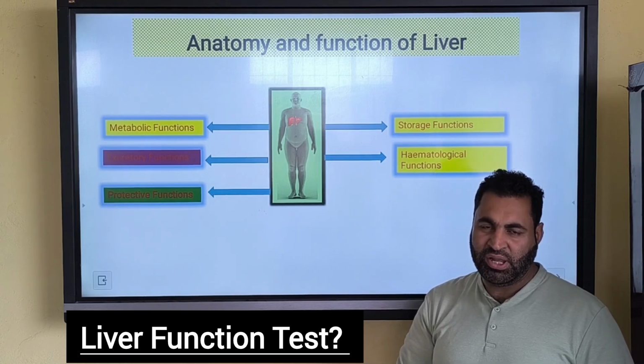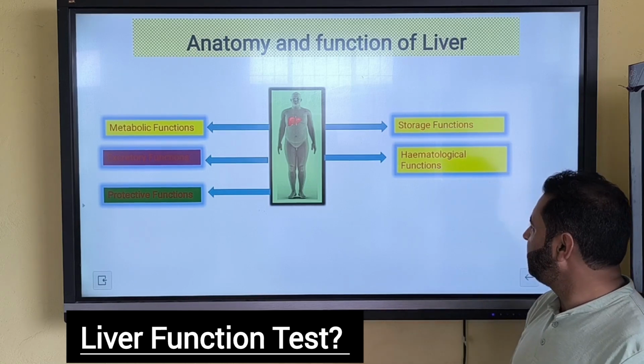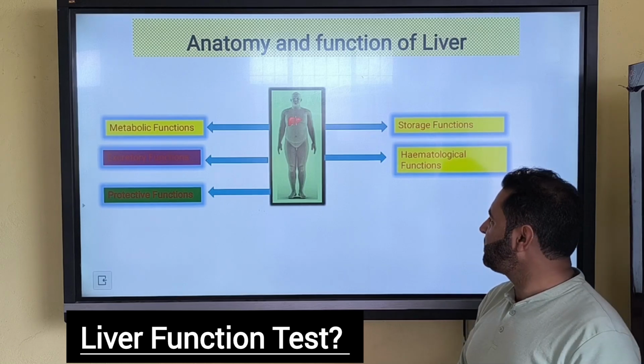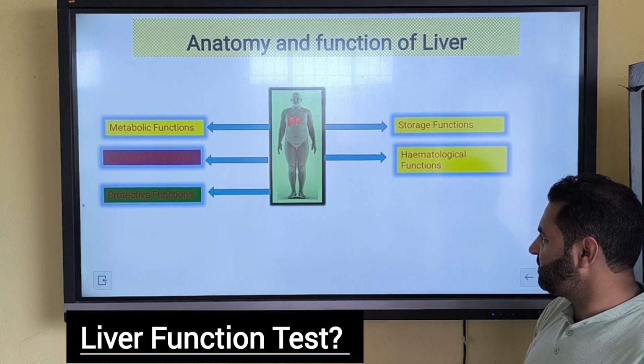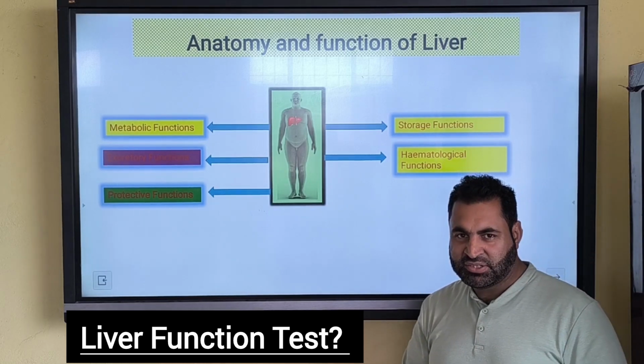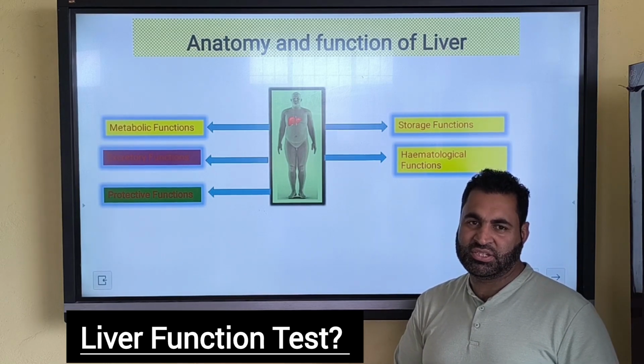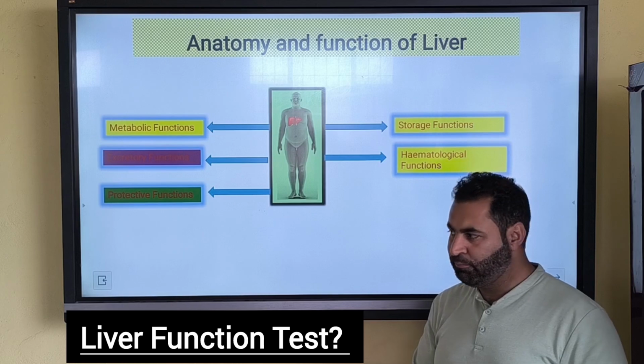Iron and vitamin B12 are some of the things which are stored in the liver. The liver also has some hematological functions. In infants, blood is formed; hematogenesis takes place in the liver.